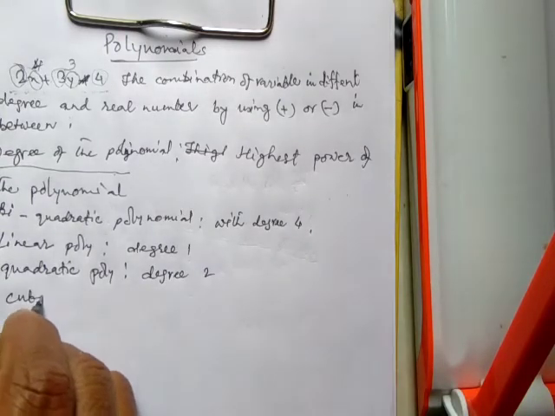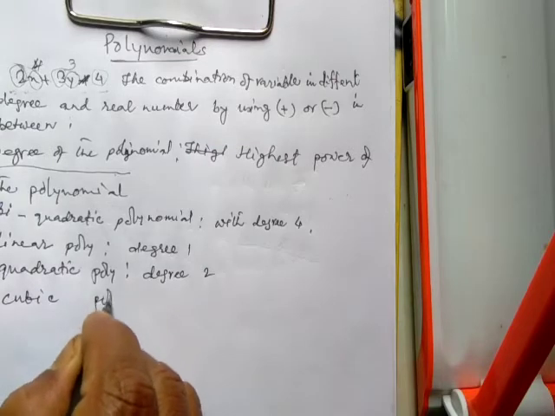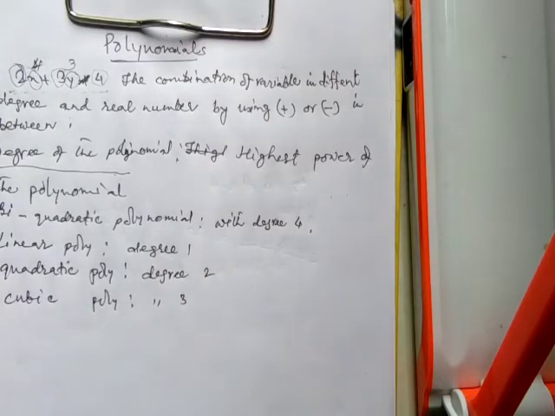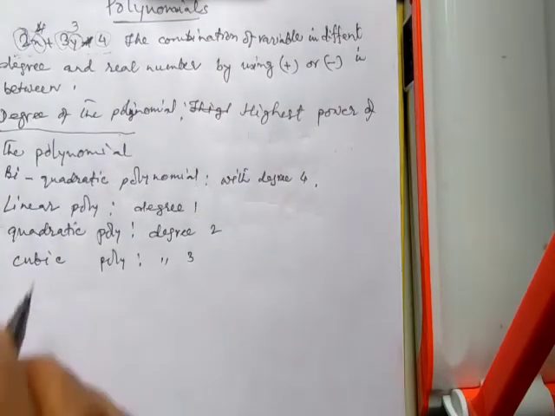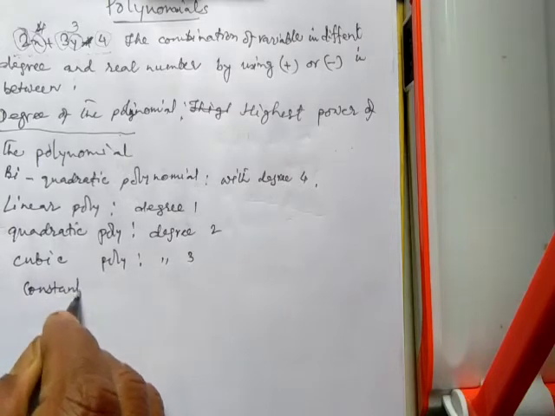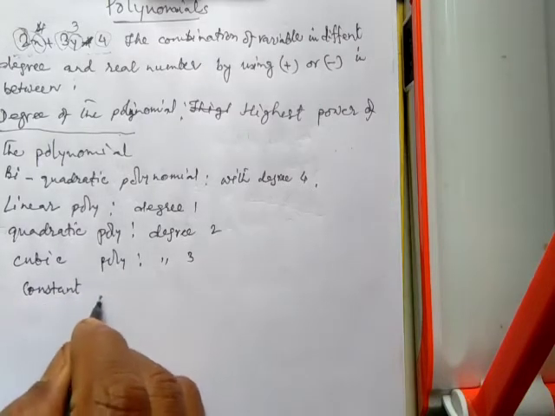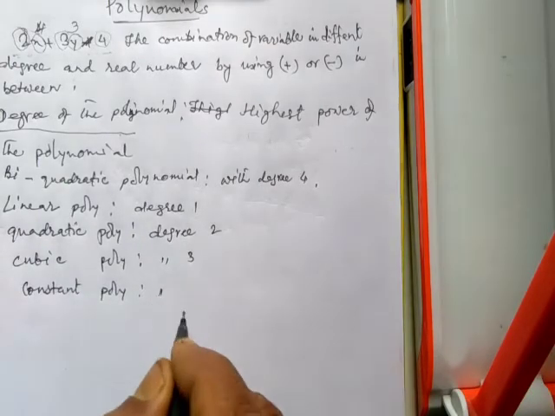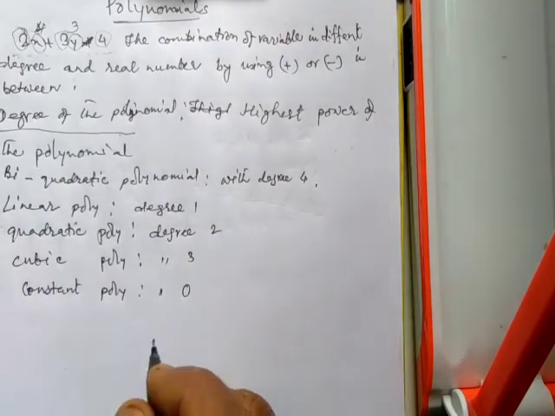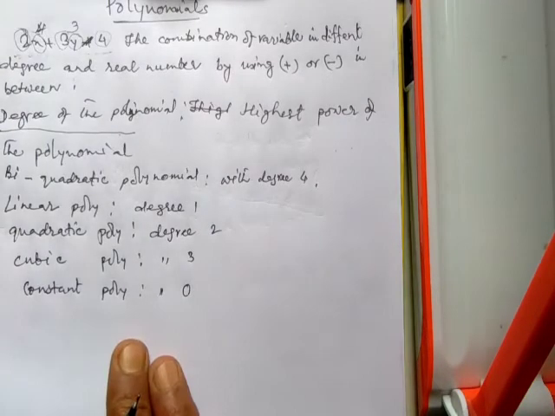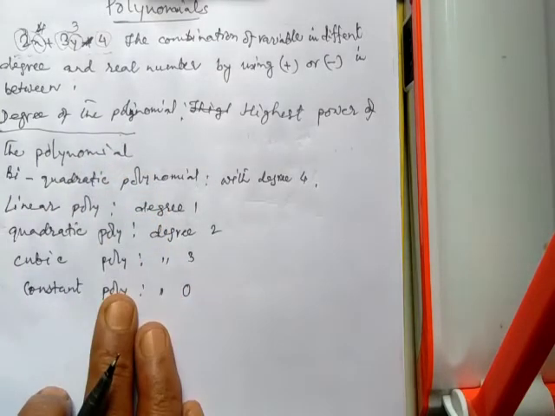Cubic, this is degree 3. Constant polynomial, what is it? Degree 0. So with respect to degree, we have named these.